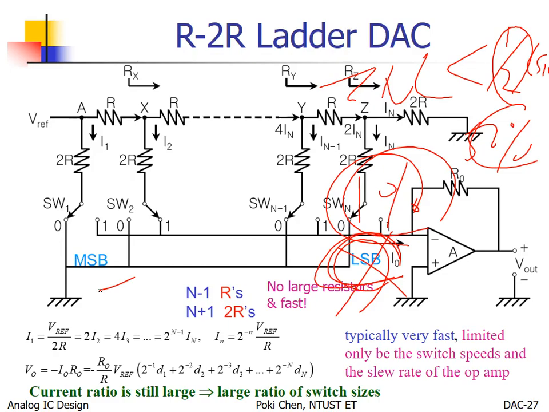The problem is there. Because you have the same chip area, you get the same variation after fabrication.